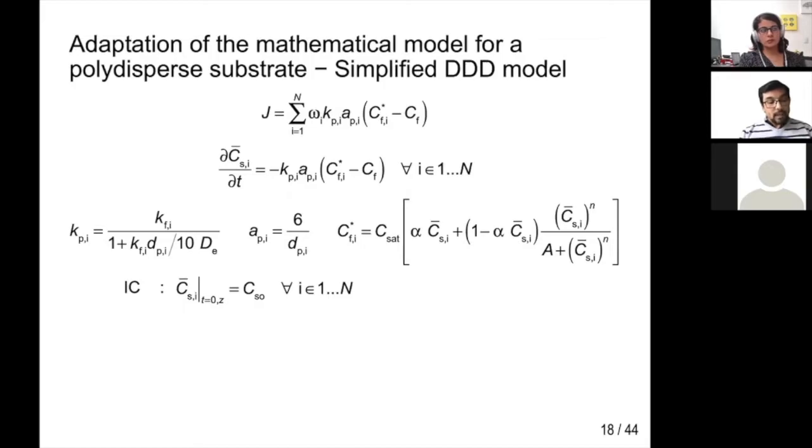Therefore, the number of particle fractions in the packed bed will define the number of differential equations for the average concentration of the solute in the solid, global mass transfer coefficients, specific areas, and equilibrium concentration in the fluid phase given by the sorption isotherm isobar model.